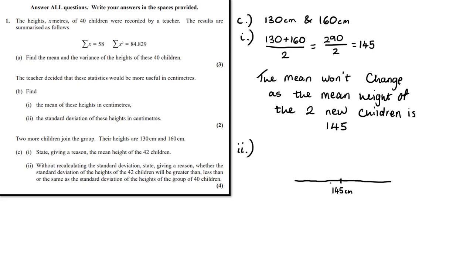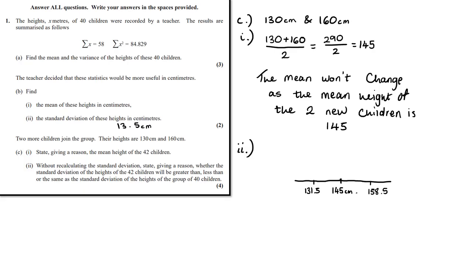So we know our standard deviation was 13.5, and we've got this in centimetres here. We'll use the standard deviation in centimetres. Now, if we take 13.5 off 145, that would give me 131.5. And if I add 13.5 to 145, that would give me 158.5.